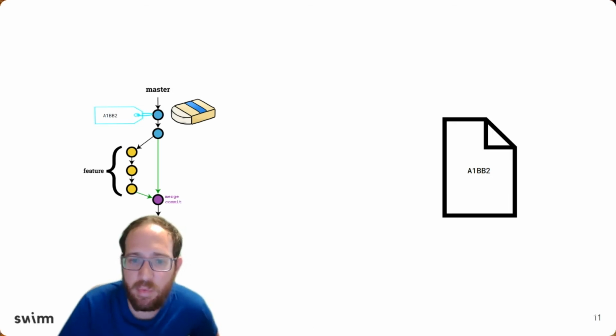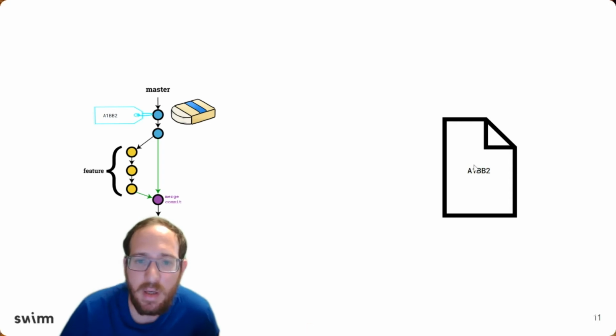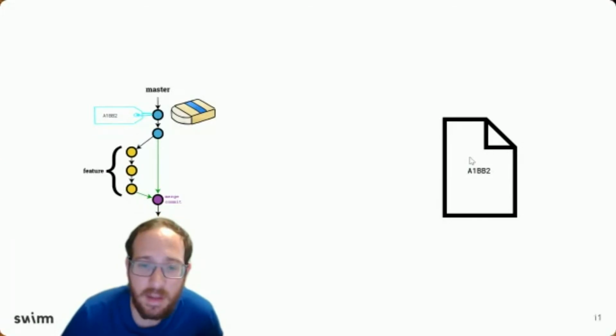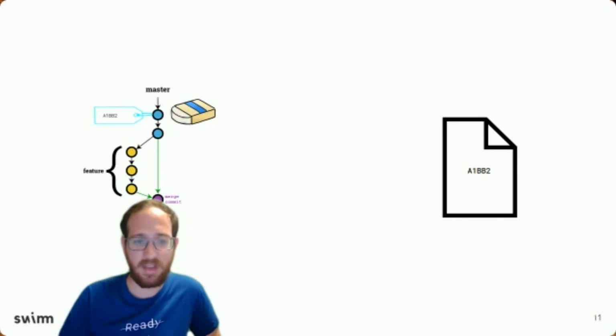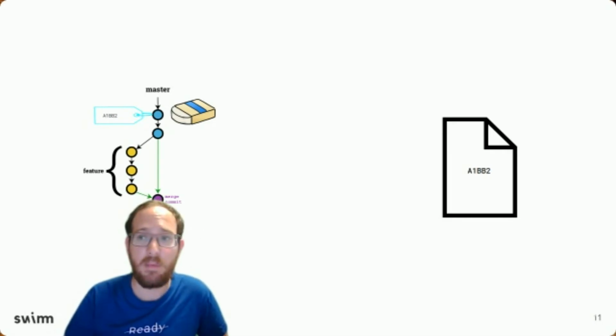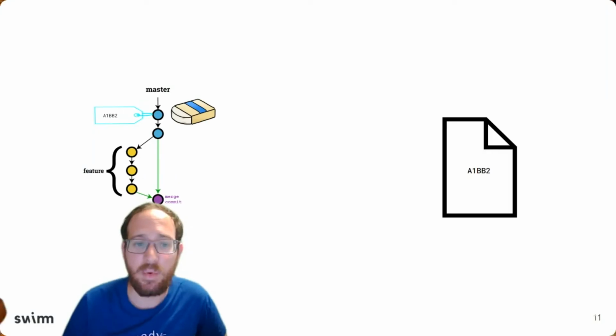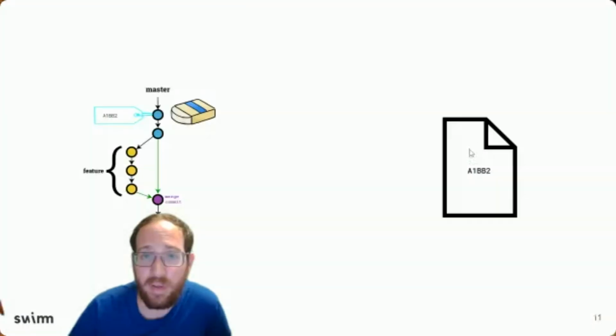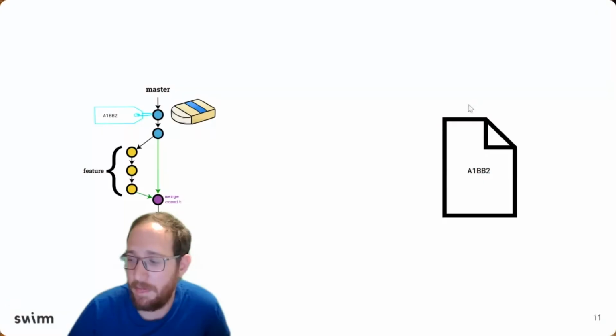In this case, we won't be able to reference this SHA-1 value we had here, or at least the commit that it represents, because this commit no longer exists. Someone erased it. And in this case, we would get into a problem. Now, you may want to say, okay, this is an extreme case, but actually this happens all the time. Many people use force push. Many people rewrite history. So we may get to a situation where we cannot rely on the source commit. So what can we do?